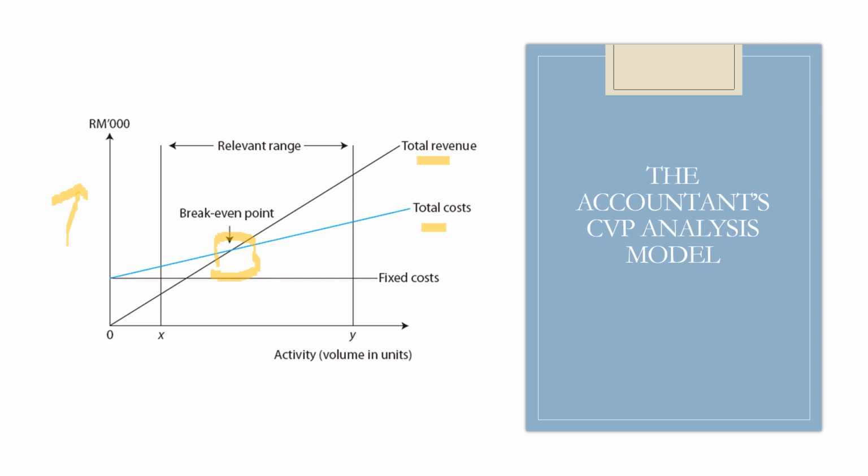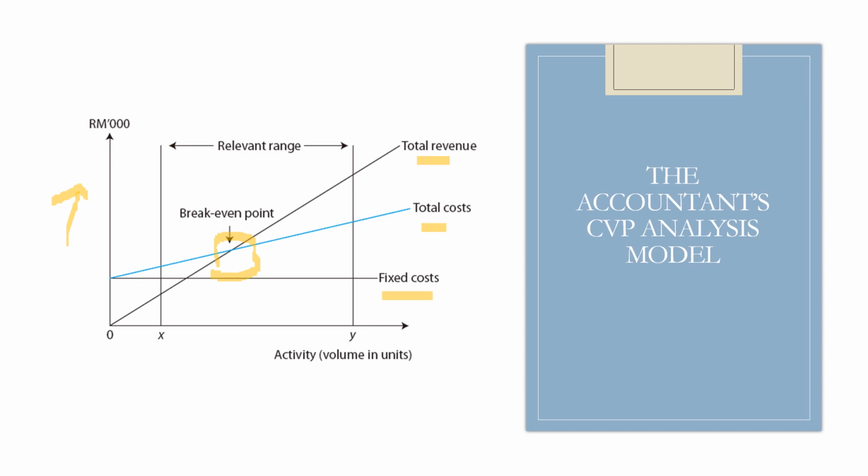The region to the left of the break-even point on the graph is where the company operates at a loss. This could be due to the fixed cost being higher than the revenue generated at lower sales volume.